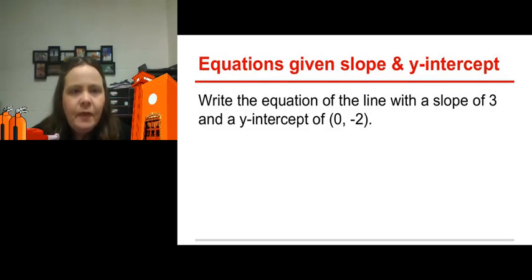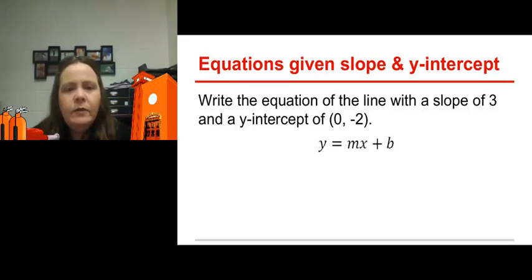All right. Equations can be written when you're given the slope and a y-intercept. This is the simplest way to write an equation. This would be the easiest case scenario. So if I wanted to write the equation of a line with a slope of 3 and a y-intercept of -2, well, I'm going to think about my slope-intercept form equation. So I have y equals mx plus b, and I'm going to identify from the information given what represents m and what represents b.